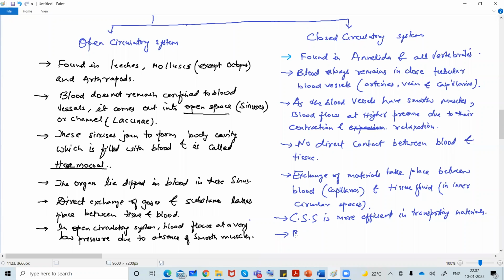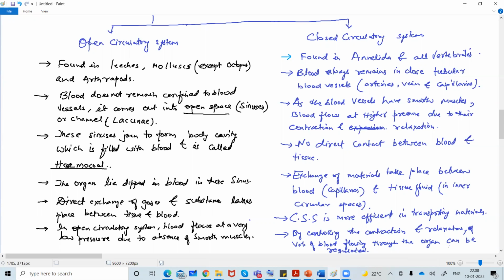So last point you can say that by controlling the contraction and relaxation, the volume of blood flowing through an organ can be regulated.